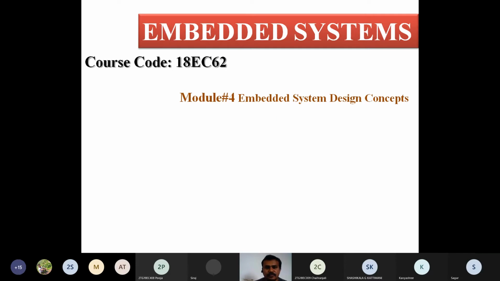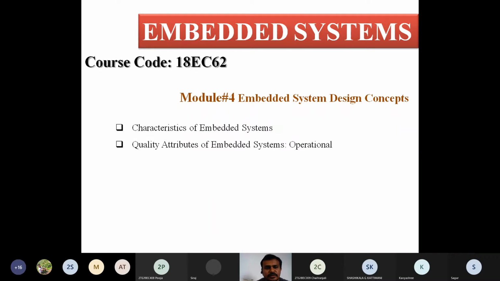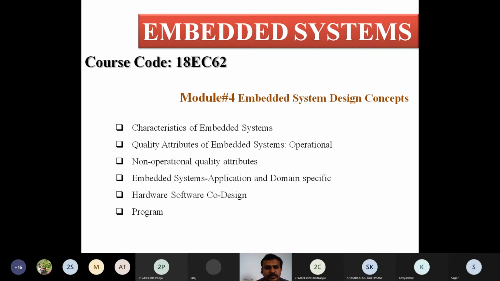In this Module number 4, once again it is a theoretical concept about embedded systems with a little bit of introduction of some modules. So let us discuss what we are going to study in this module: the characteristics of embedded systems, and the quality attributes of embedded systems.